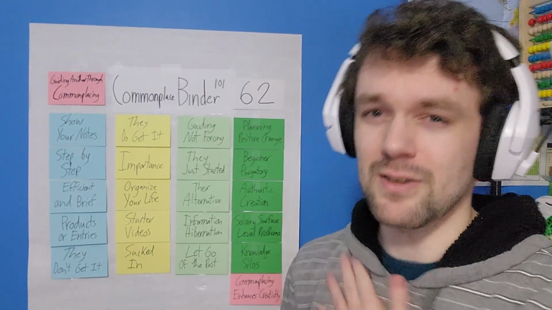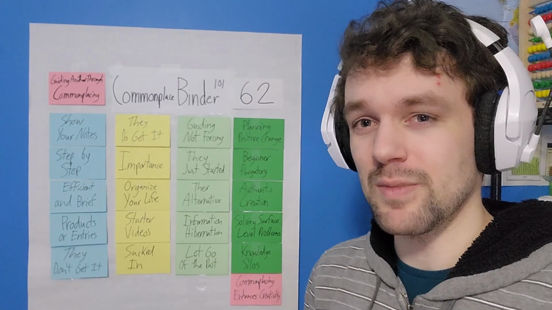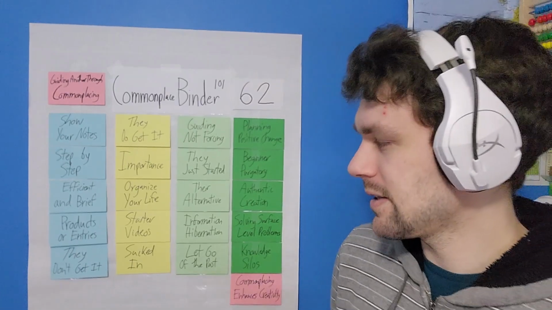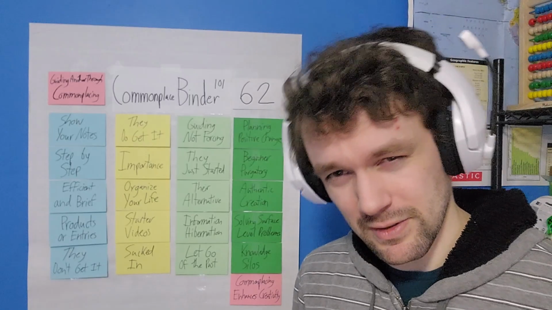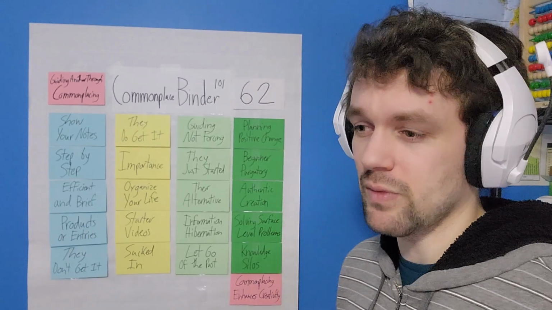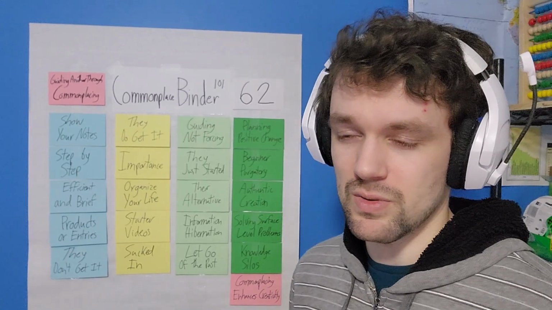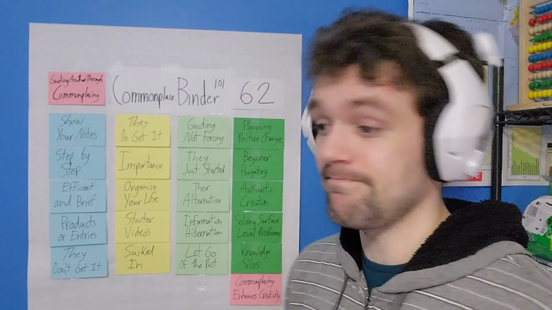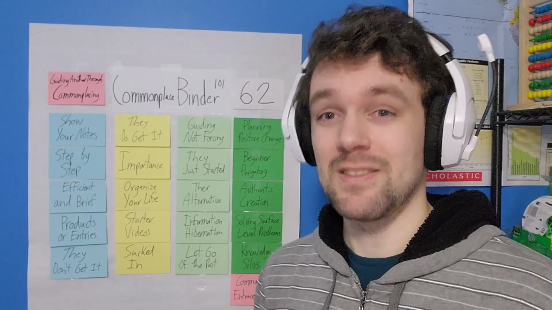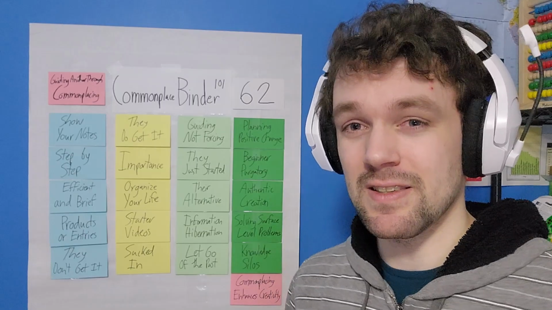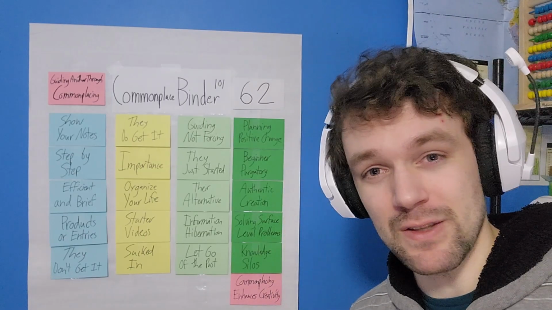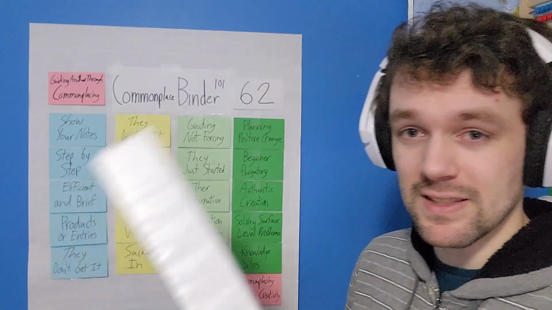They don't get it. Oh, they don't understand me. They don't understand my project. No, some people aren't really going to understand what you're doing. They might be like, why are you writing things down on paper? Why not just use a digital system? And it's like, well, a digital system is very convenient, but it doesn't necessarily feel great. So like this, it's a thing.